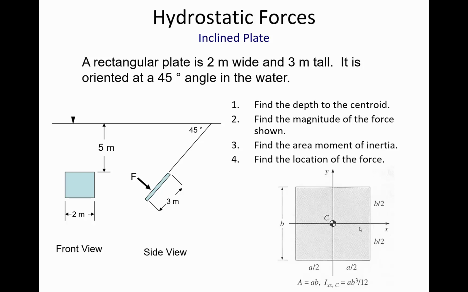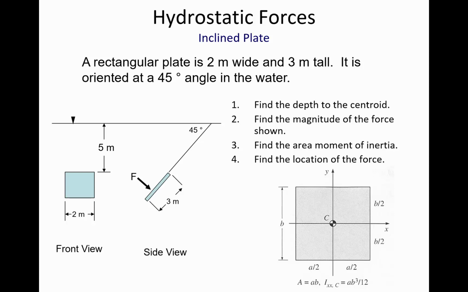Okay, so the centroid of a rectangular shape like this is just halfway in the middle horizontally, halfway vertically. So if you've got this printed out, you could just draw a little black dot where the center of the area is for this shape.